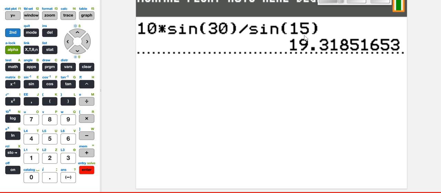For this number, it's not the final answer yet, so don't round it off. For those of you who have experience in Chem 20, Chem 30, you know what I mean. And if you have no clue, never mind, just don't write down 19. Keep a few extra digits, so 19.3185.